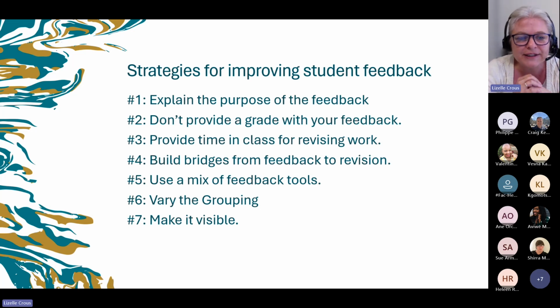The next strategy that they say you can employ for improving student feedback is don't provide a grade with your feedback. Why do you think we say don't provide a grade with your feedback? I'm sure most of you are experiencing the same.